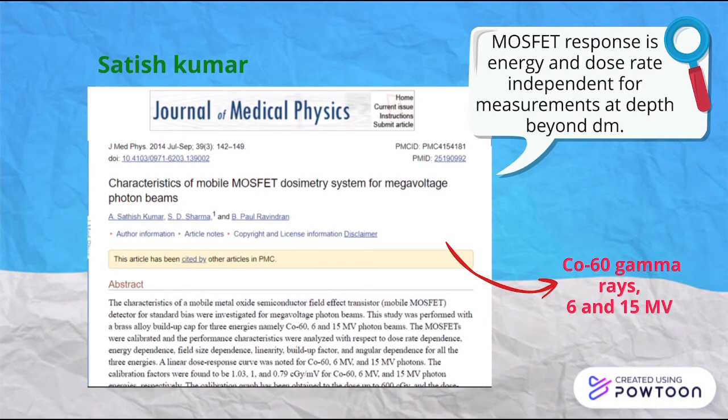It was observed that the MOSFET response is energy and dose rate independent for measurements at depth beyond dmax. Hence, this dosimeter can be used over a range of photon beam energy with no correction for energy and dose rate dependence.